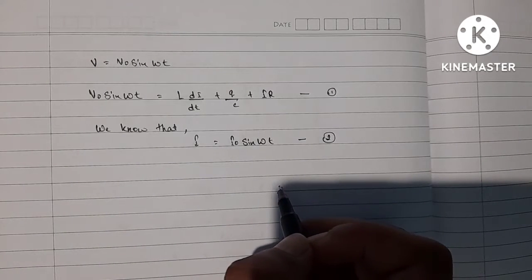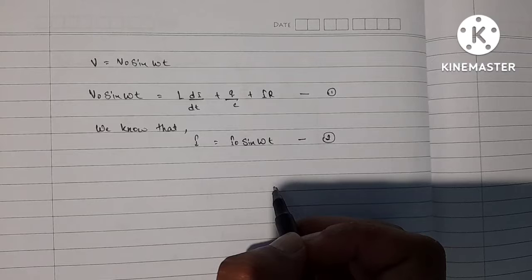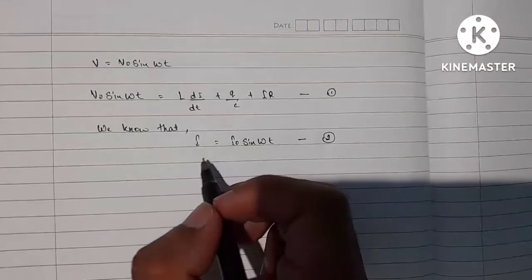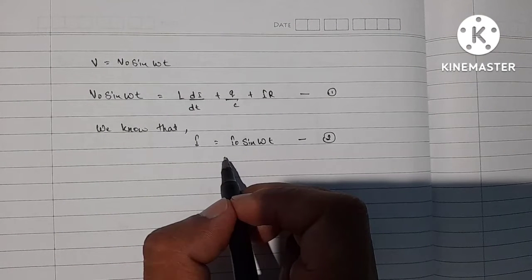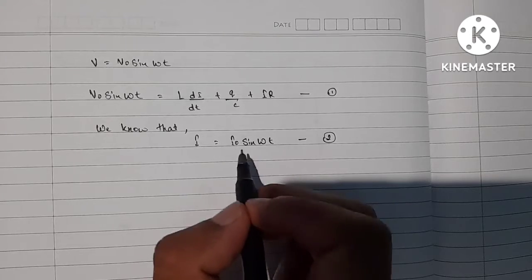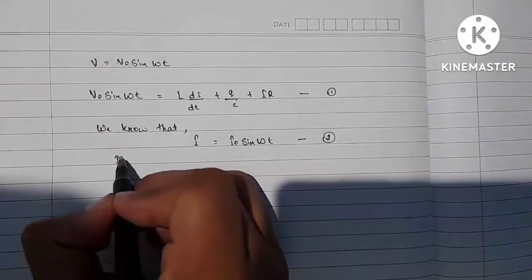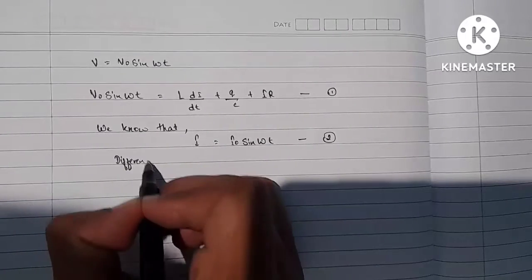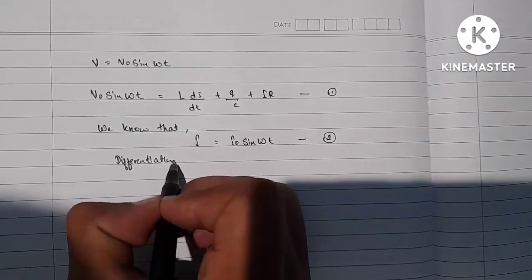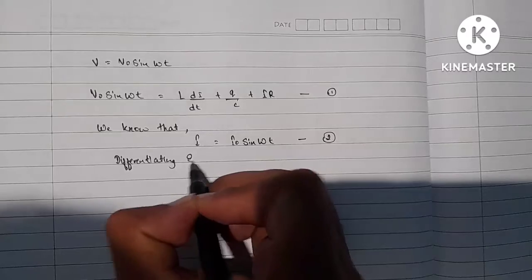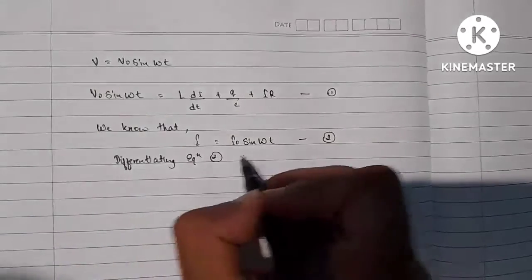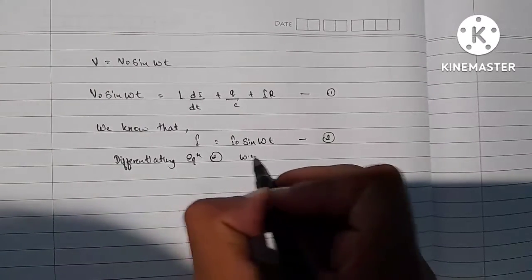Now what we can do is differentiate equation 2 with respect to t.